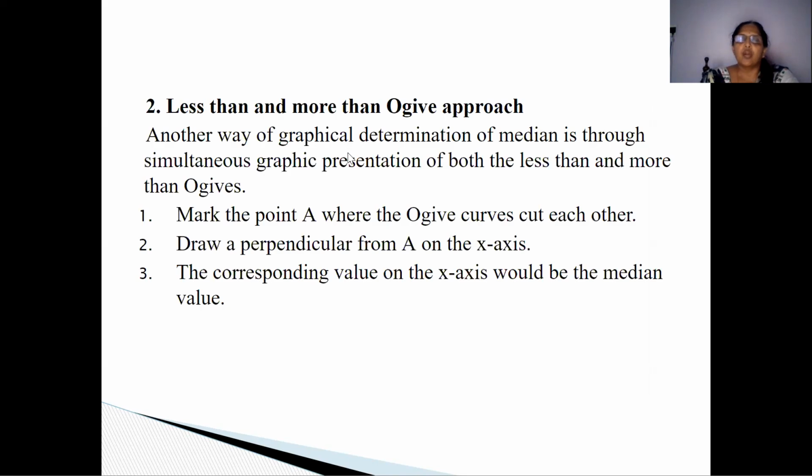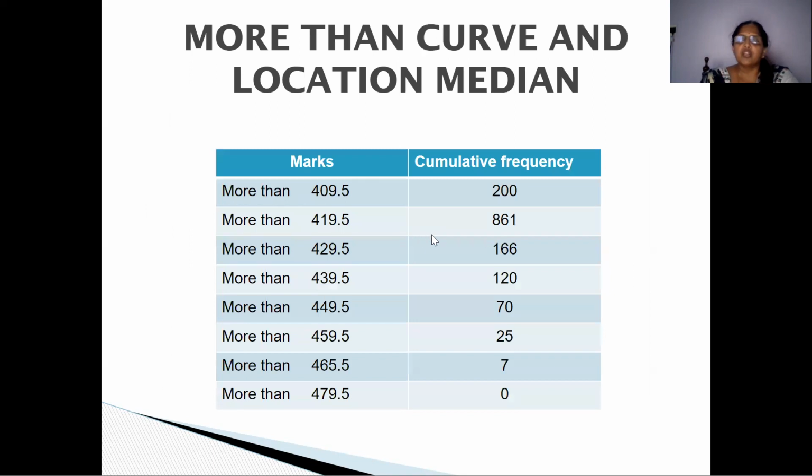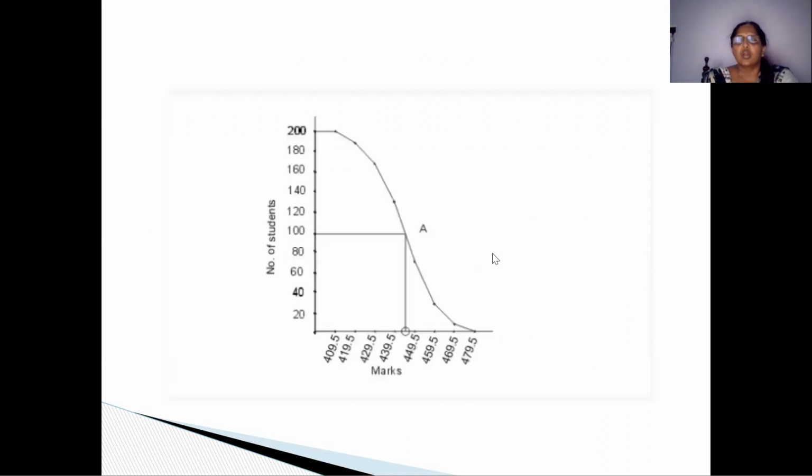What is the next point? Next point is here. It is 186, next 166, like that.